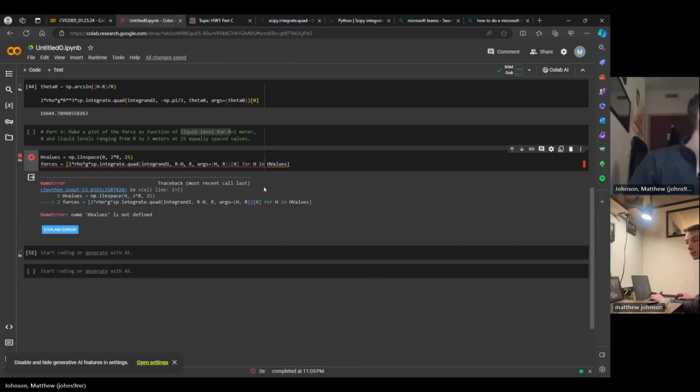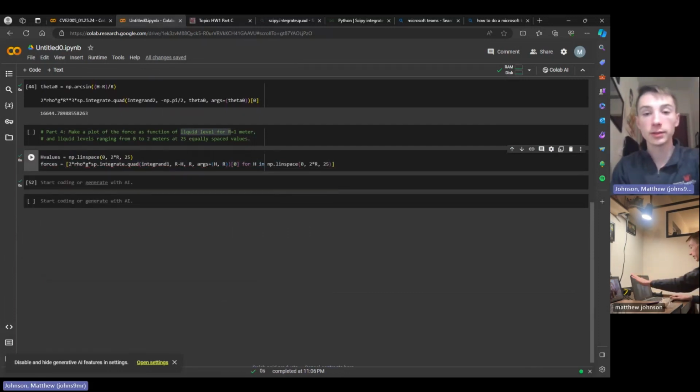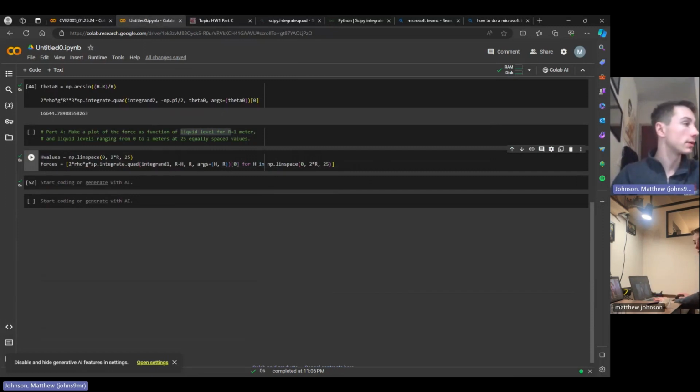Oh, h values is not defined. Okay, so after looking at it for just a minute, I simply redefined h as the linspace itself, and that seems to work okay. So we're going to continue with that.